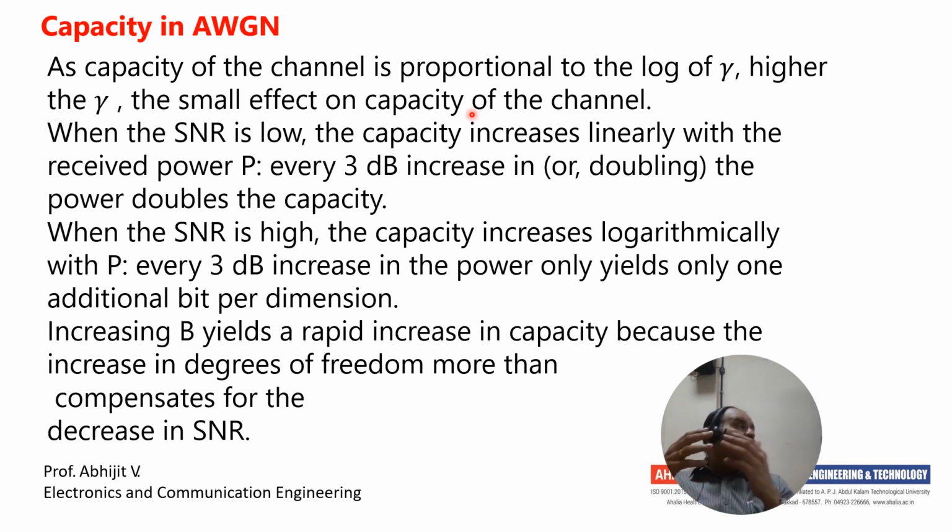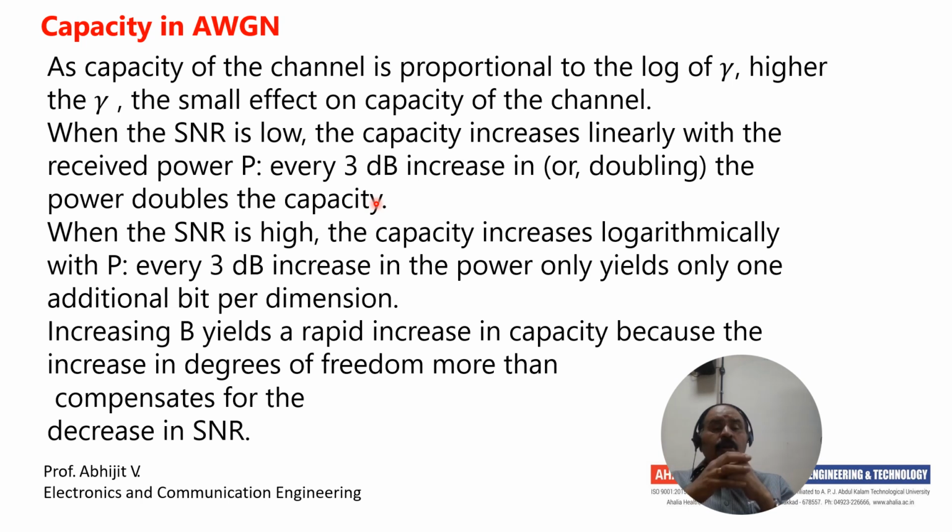So when you get a question about the significance of signal to noise ratio in the capacity of a wireless channel, you may need to write these particular points as your answer. The capacity of the channel is proportional to the log of SNR. Higher the SNR, there is a smaller effect on the capacity of the channel.